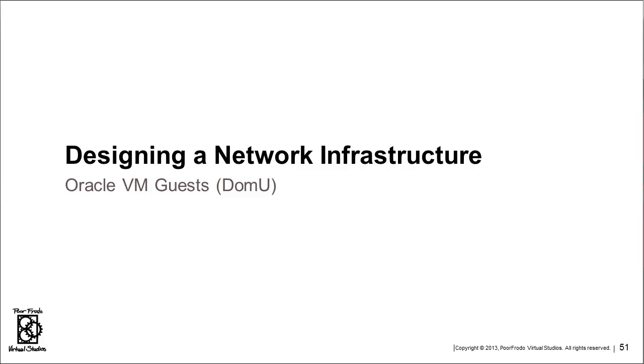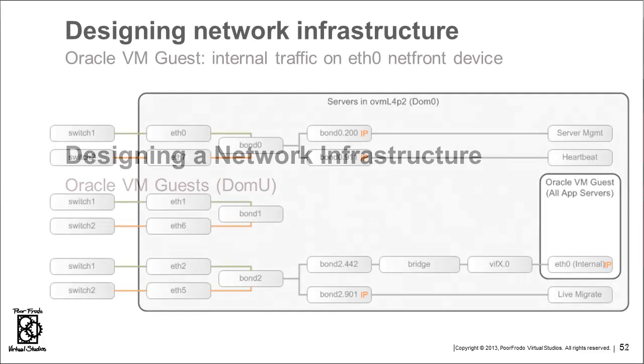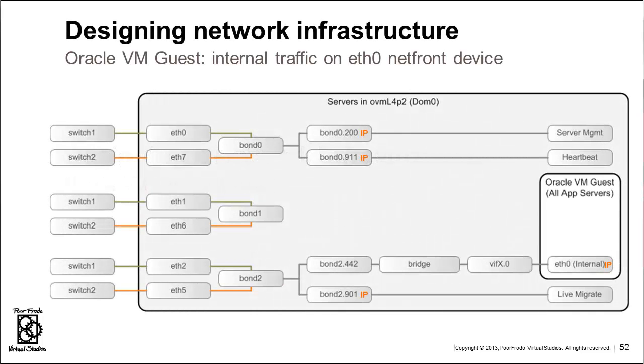So let's take a look at adding the networks needed for our virtual machines to accommodate the applications installed on the guest operating system. As you can see, I've added another box to the diagram to represent a virtual machine, or DOM-U. The U in DOM-U represents the unique domain ID that Xen assigns to a virtual machine whenever it's created or started.